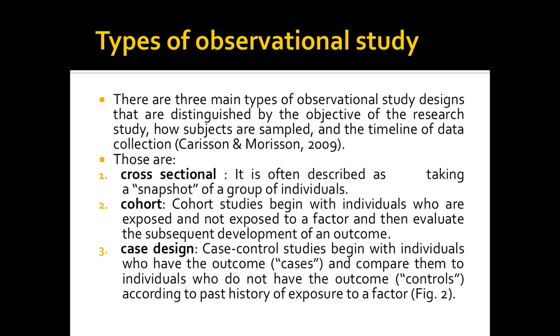Cross-sectional means that you observe your participant one time, like once or during one semester. While cohort means you try to make a comparison between times, like what you have observed today compared with what you have observed last year or last month.